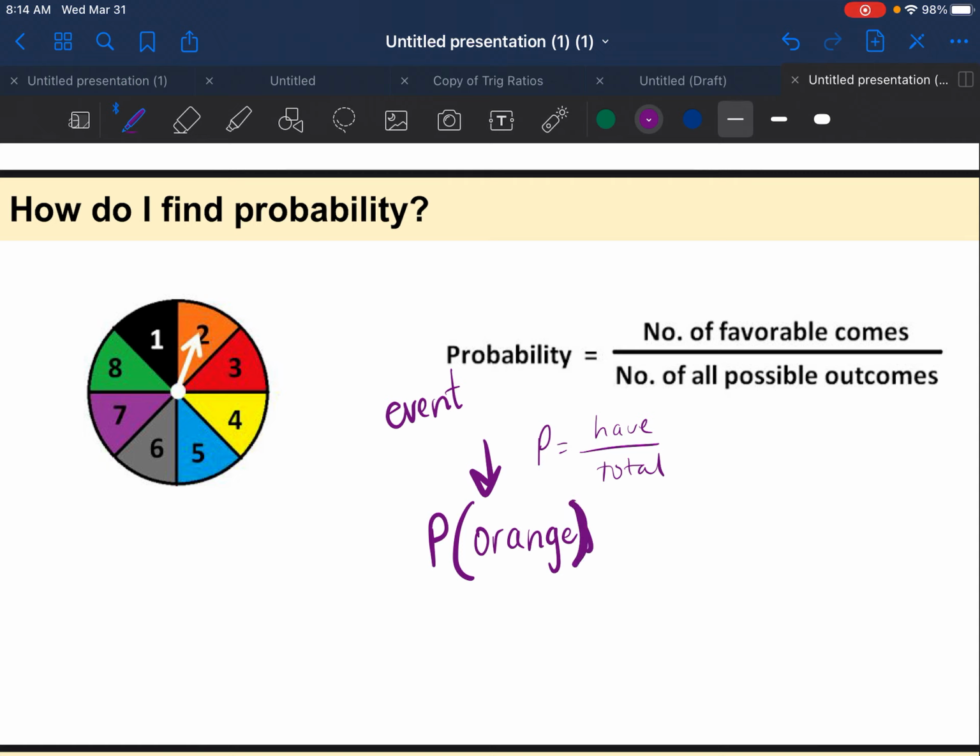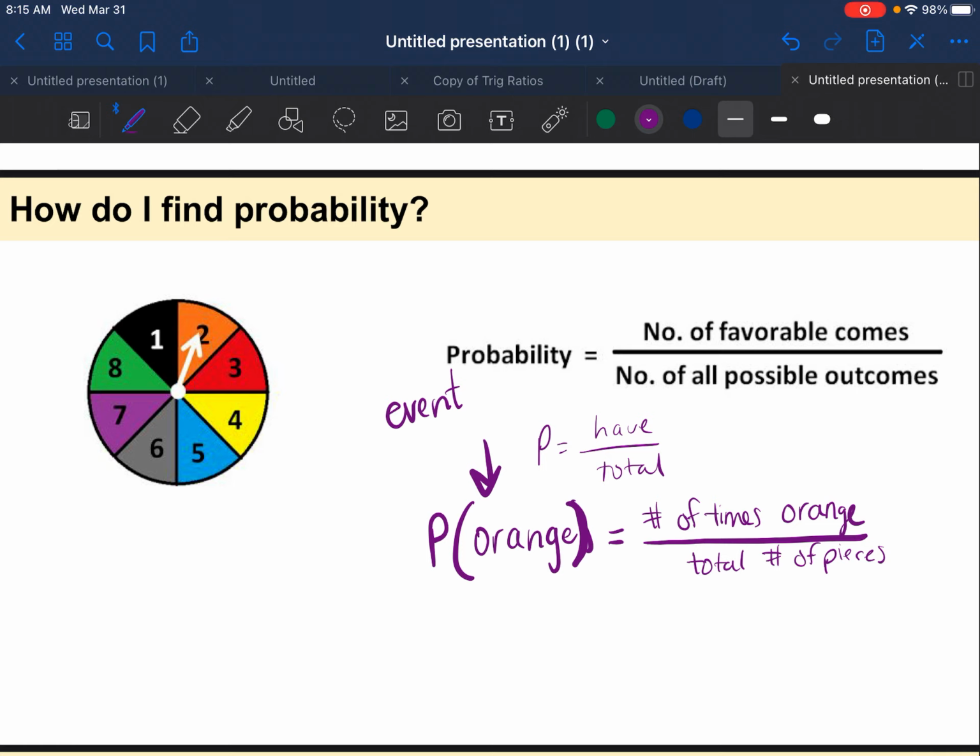This is what I am interested in finding out more about. Now the number of all favorable outcomes: this is the number of times there is an orange, appears over the total number of pieces.